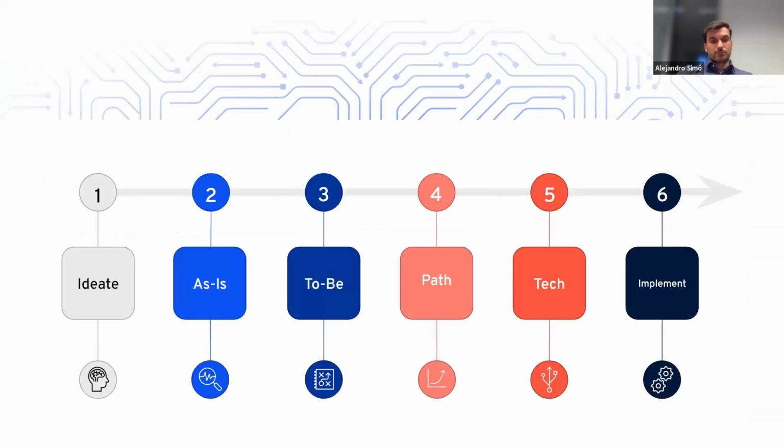And then we start with mapping the current situation. Here we do some workshops and we start going to the end users, to the application owners at the different customers or at different parts of the company. What are their challenges? What are the current systems that they are using?